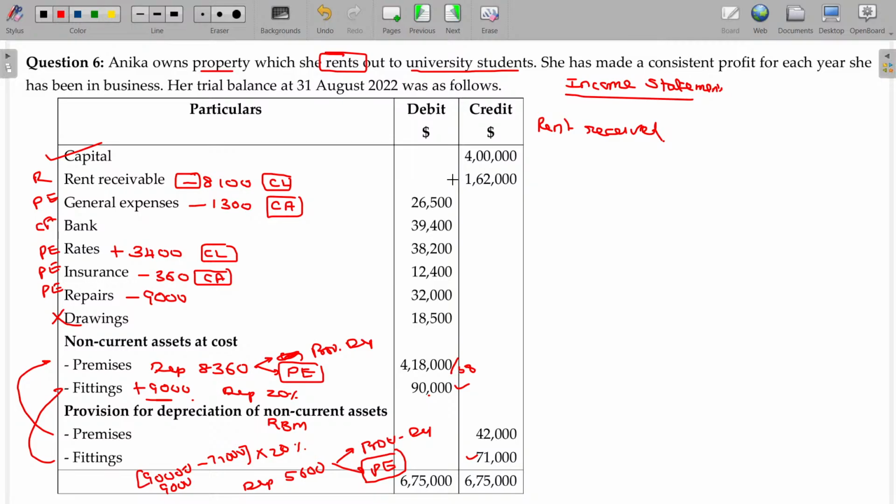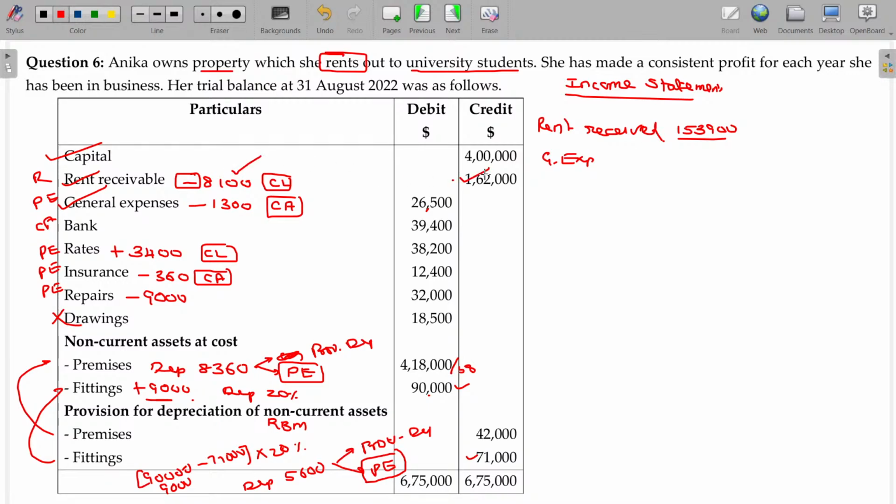How much is that? From 1,62,000, 8,100 is subtracted, so the value being 1,53,900, and the rest of the things are expenses. One is general expenses, the value being 26,500. Okay, I put a tick mark for all the values incorporated.